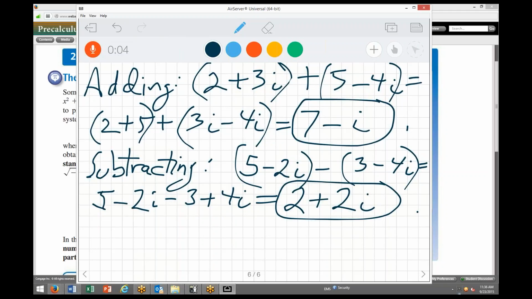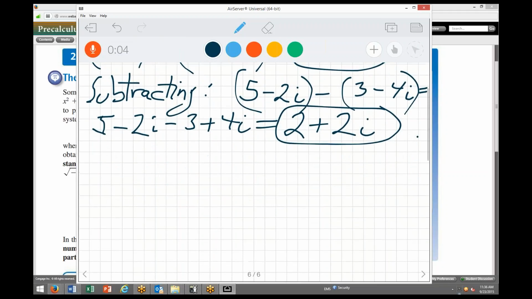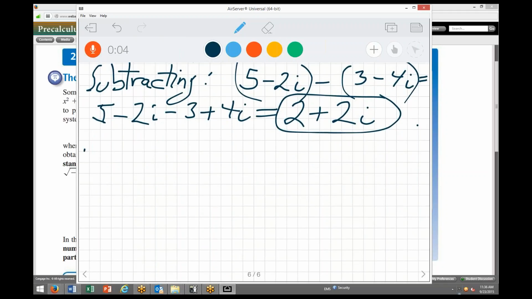So adding and subtracting complex numbers is not too complicated, keeping the real parts and the imaginary parts separated. Now moving on to multiplying and dividing, it's a little more involved. Let's do multiplying first.